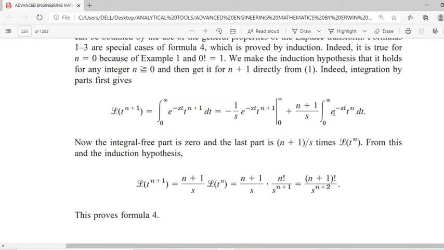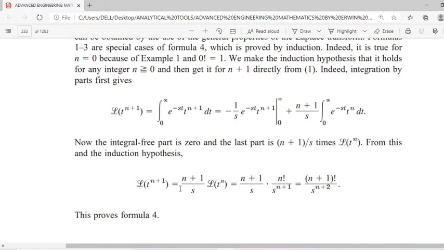So n plus 1 is taken outside, t raised to n remains there, into e raised to minus st by minus s. So that minus and the minus outside the integral will become plus. N plus 1 and 1 by s are taken outside. So this is the Laplace transform of t raised to n, and this is the Laplace transform of t raised to n plus 1.